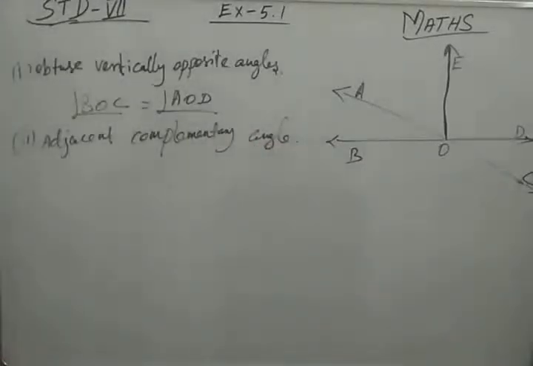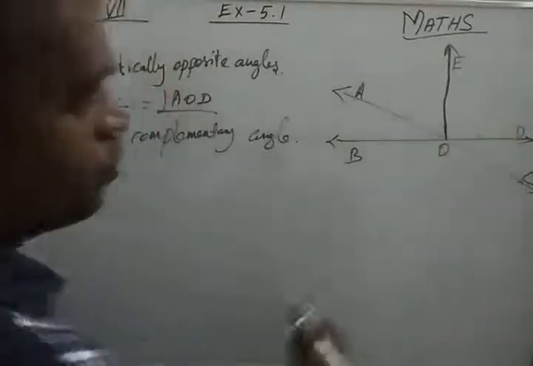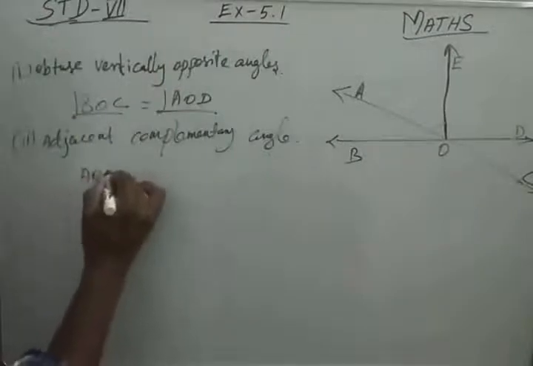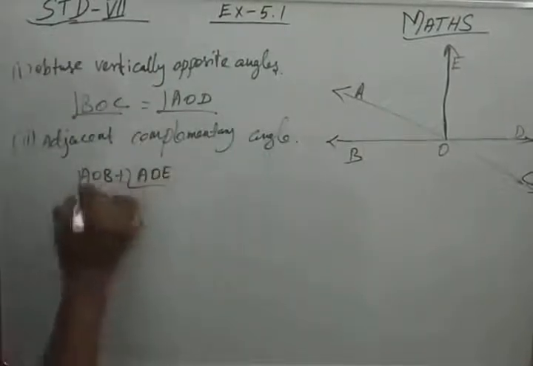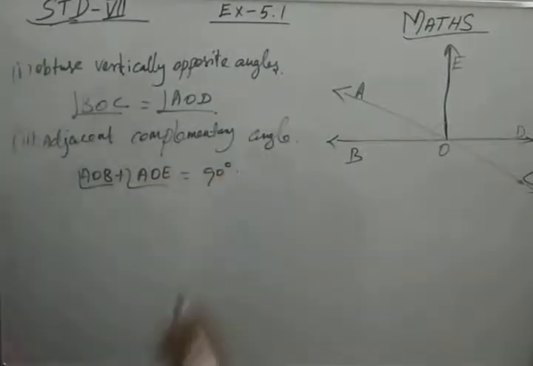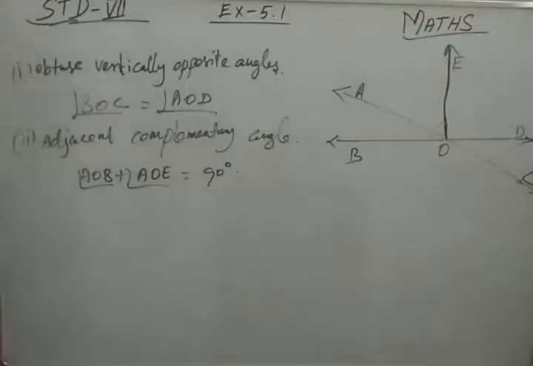So for that, when we are looking at this picture, we can see the adjacent complementary angles AOB plus AOE. Angle AOB plus angle AOE is equal to 90 degrees. So it is a complementary angle. Yes or no? AOB plus AOE is equal to 90 degrees. That is a complementary angle. Adjacent complementary angle they have asked, and we have given it.